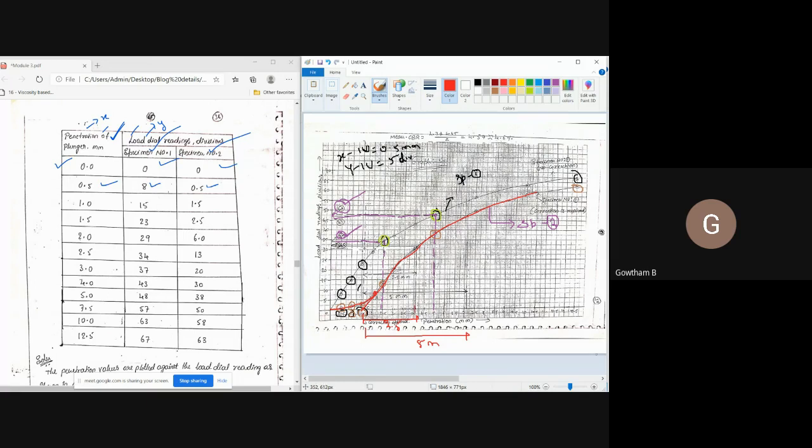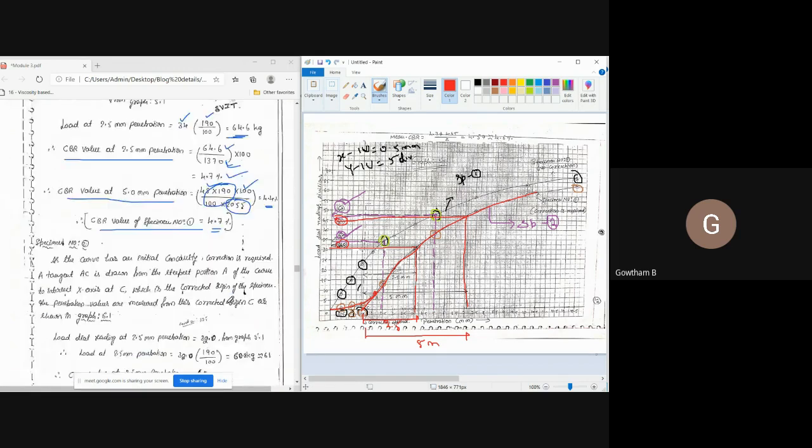From here you project a line like this and project back to the y-axis, and you note down this value. Similarly, at 5 mm penetration, project a line like this, project back to the y-axis, and note down this value.